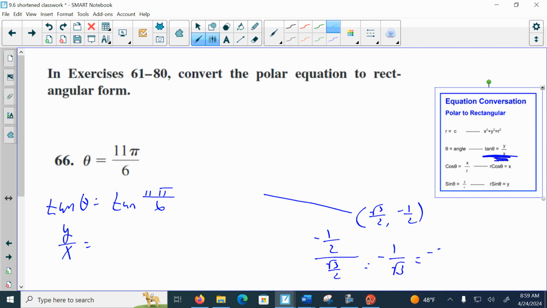So negative 3, no, I did that wrong. Negative square root of 3 over 3. So y is equal to negative square root of 3 over 3 x. There, I've changed all my r's and thetas to x's and y's, so I'm good.